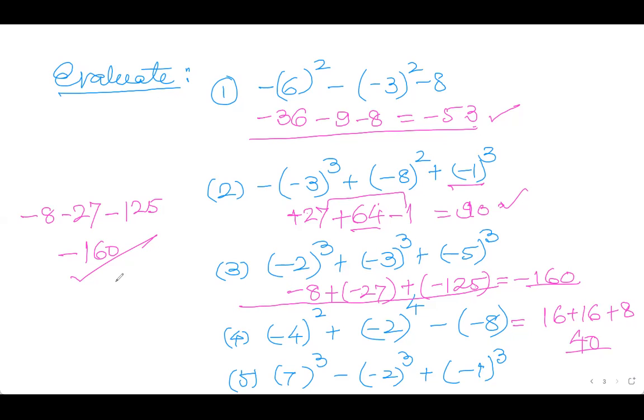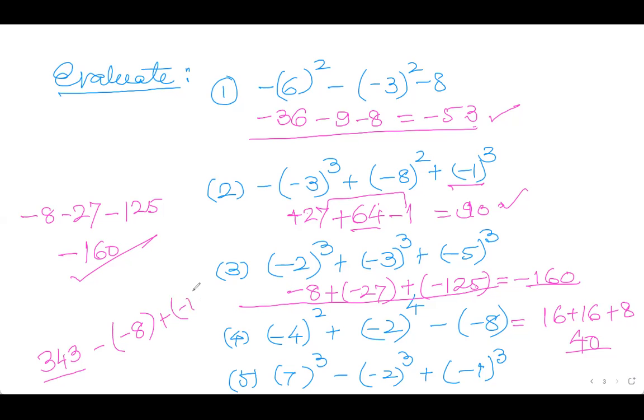Yeah. 49 times 7 is 343, right? Yes, sir. It's 343. The first term is 7 cube, that is 343. Minus of 8.